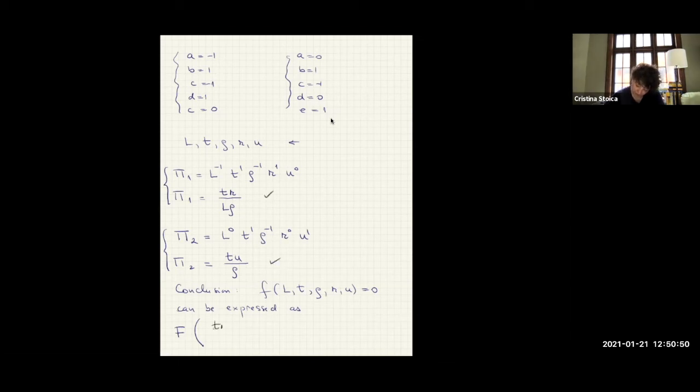The first one would be T R over L rho, and the other one T U over rho, equals 0.